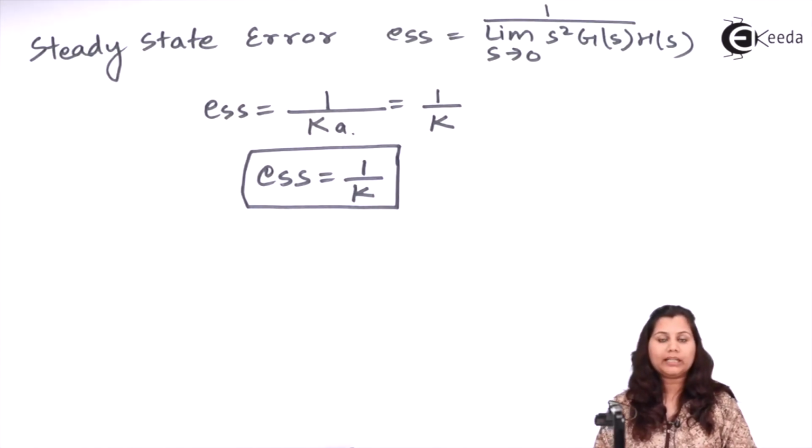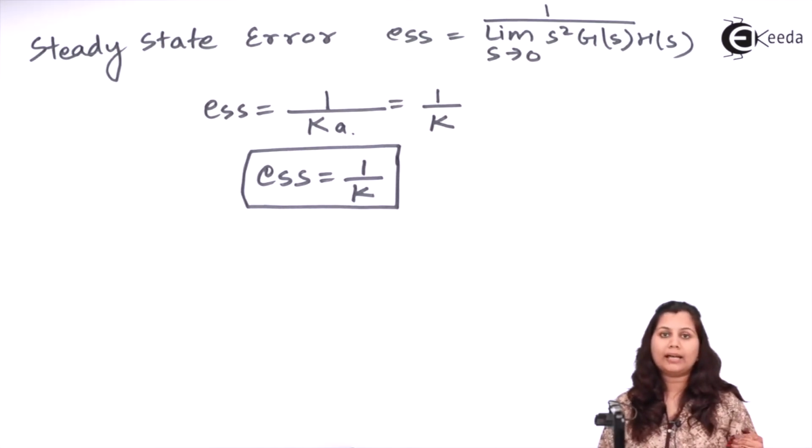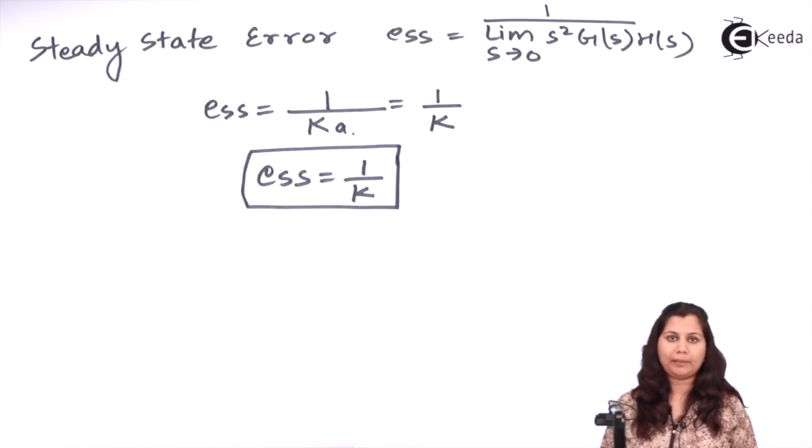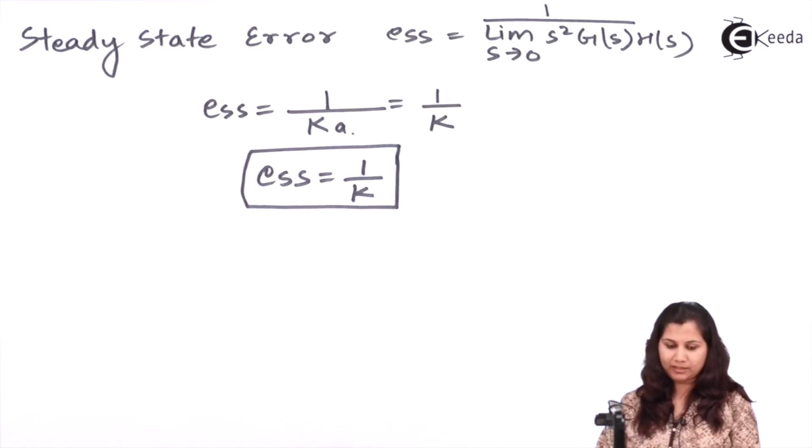So we have calculated the steady state error for all three types of systems, that is type 0, type 1 and type 2, and also for the three inputs: step input, ramp input and parabolic input. Let's summarize what we have studied.